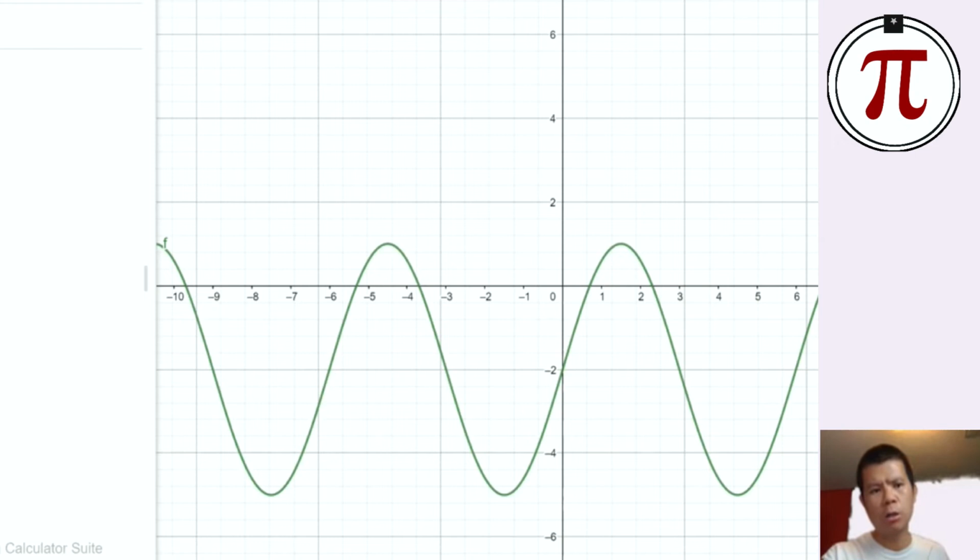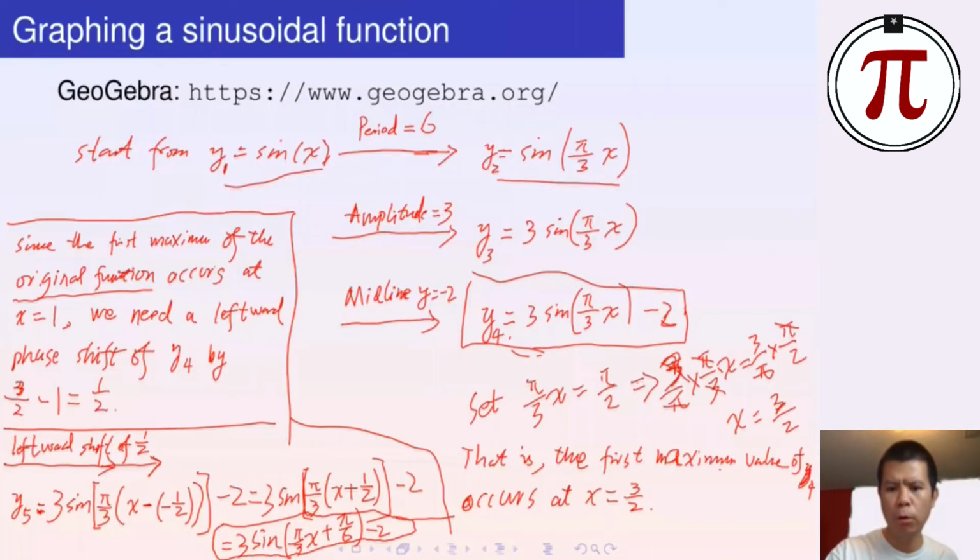If we can find the top point in y4, then it can be moved slightly to the left. So for this example, it's slightly to the left. You can determine where it is located by finding the maximum value: setting pi over 3 times x equals pi over 2, and finding the value for x.